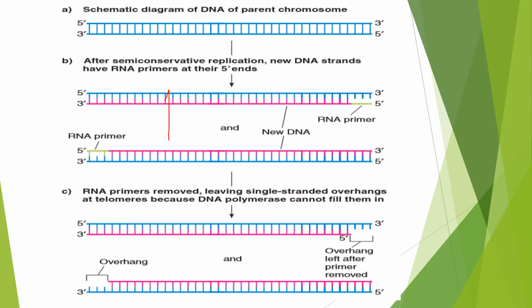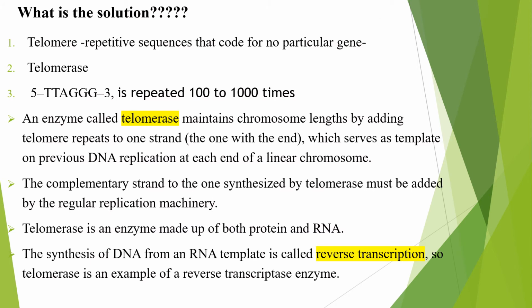Three nucleotides lost means one codon is lost. One codon in the sense one amino acid is lost, and that produces a major effect in the future generation. So this should not happen and we should restore all the information, right? So what is the solution for that problem?